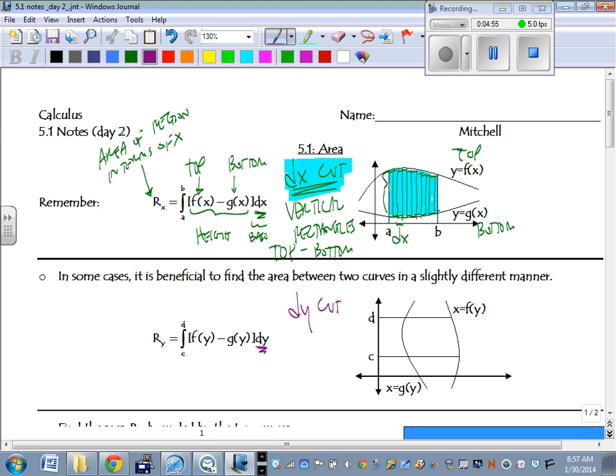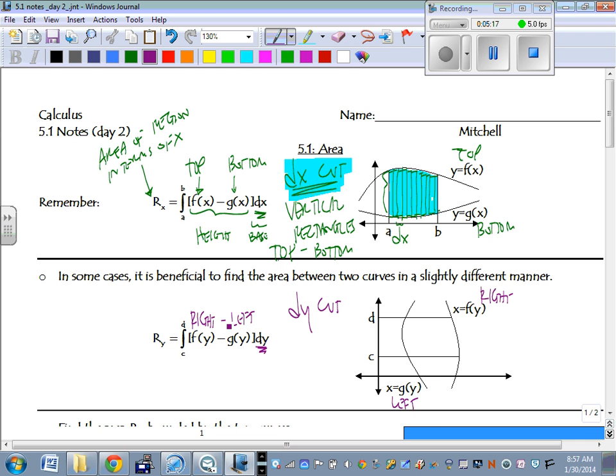And the difference here is we don't have a function that's above the other one the whole time. Here we have a function f of y that's to the right of this one the whole time. So we're going to have a right function and a left function. So f of y is the right function minus g of y, which is the left function.